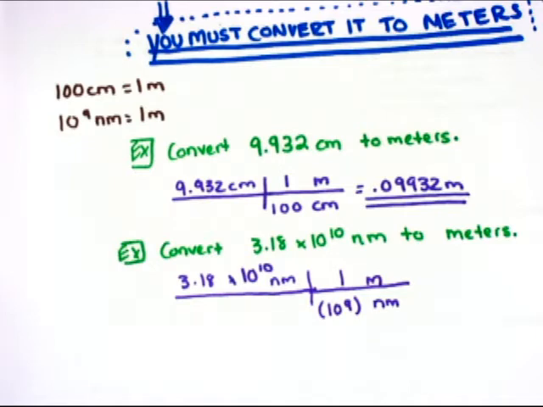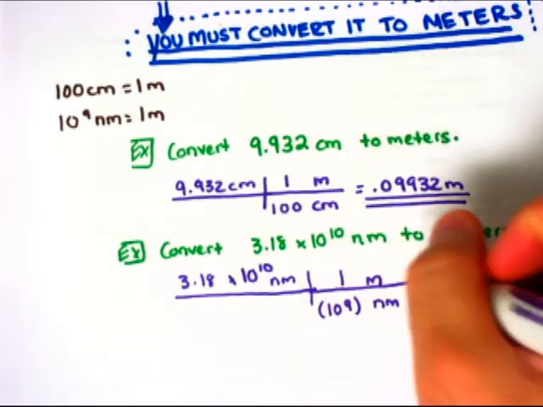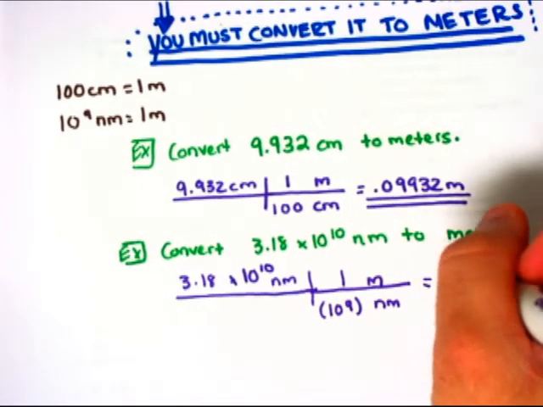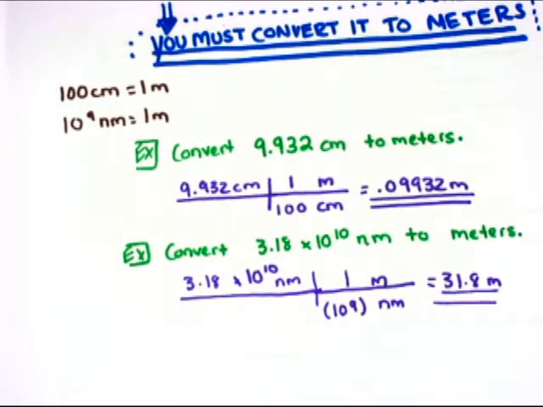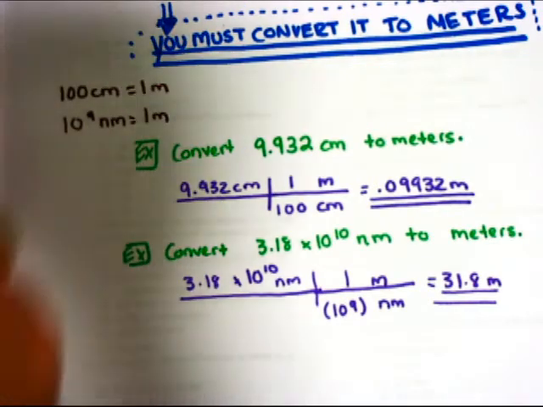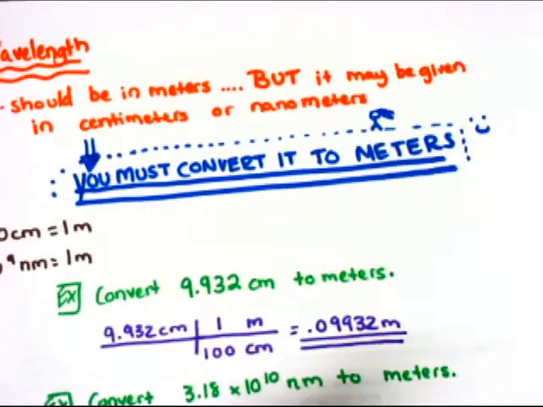3.18 times 10 to the power of 10, put it in parentheses. Divide it by 10 to the 9th, put that in parentheses. 31.8 meters. This entire day, you have to be 100% certain that you are watching the parentheses.